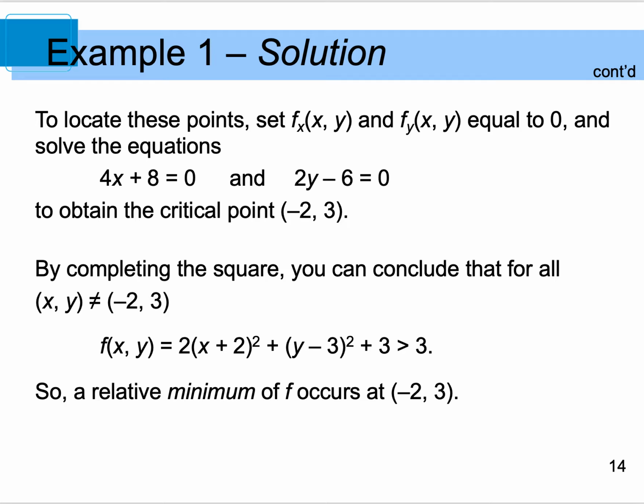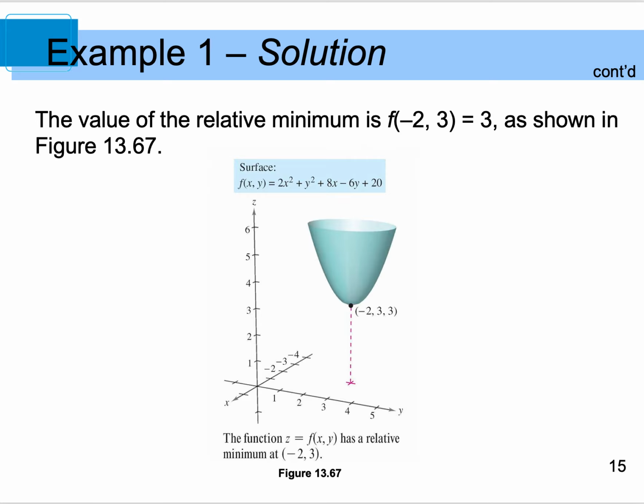The critical point is negative 2, so where I see an x squared, I make it x plus 2. That's where the x plus 2 comes from. If it's 3, I make it a y minus 3, and I square it. And so the value of the relative minimum would be f(-2, 3) equals 3, as shown there in the graph.